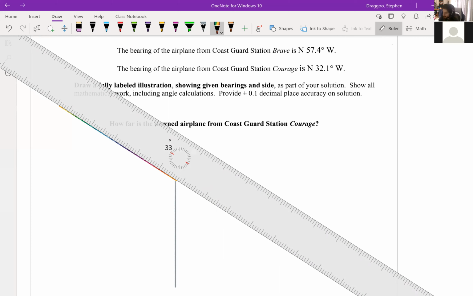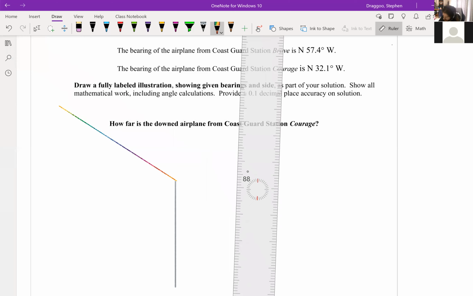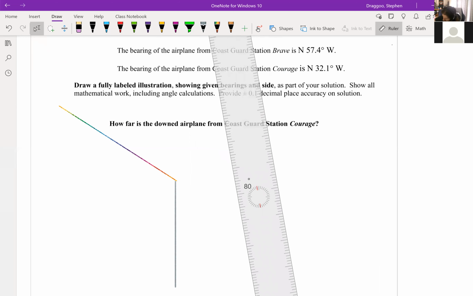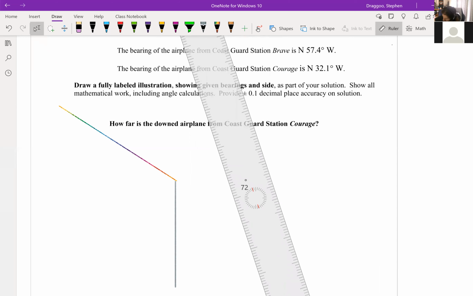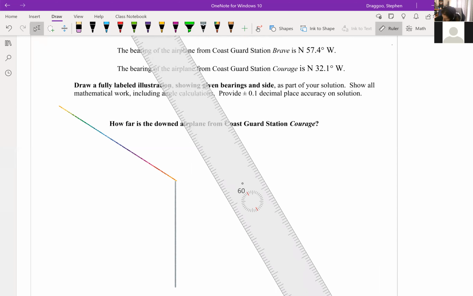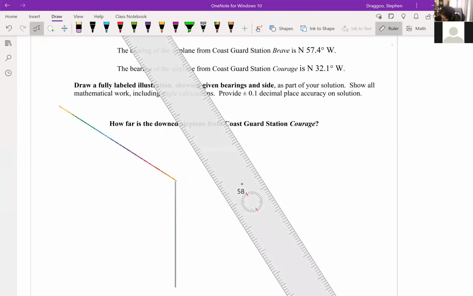And then we have a 32-degree bearing. So if we go to our 90 degrees and turn 32 degrees to the northwest, that'll get us to 58 degrees.